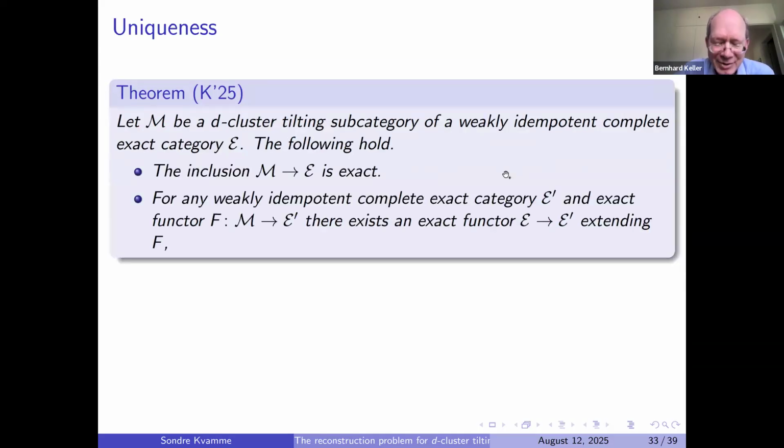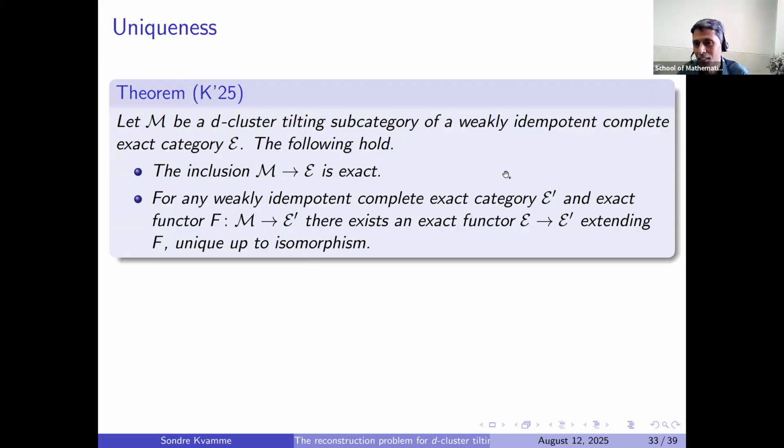So in the hereditary case, you can also use the description as an orbit category. In that case, the fact that the category is triangulated was proved using the DG enhancement and hence the Frobenius enhancement.